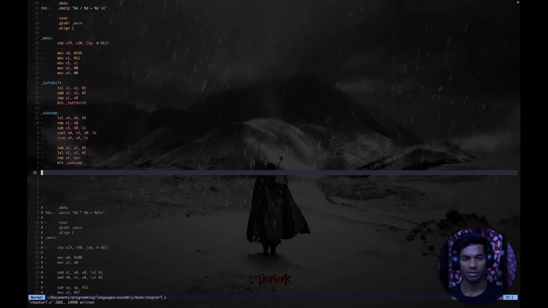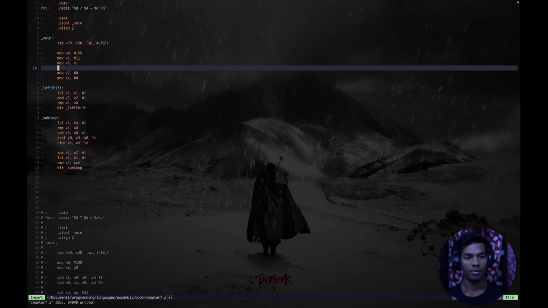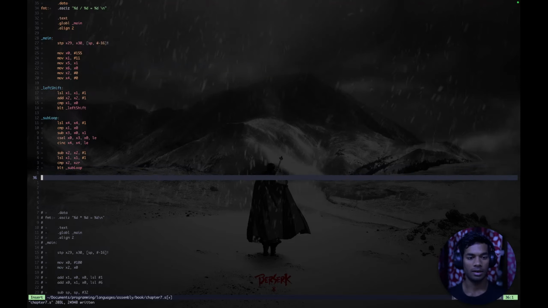And at the end, I will have the answer in the 4th register. But before that, let me move into the 6th register the 0th register contents. So now I have the answer in the 4th register, in the 5th register, and the 6th register.